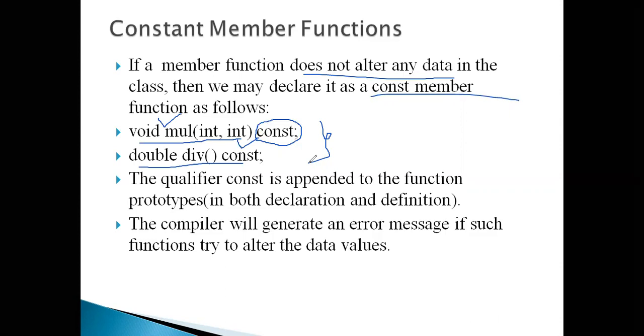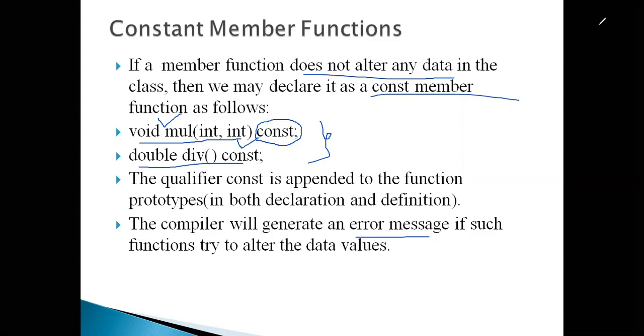Once we make the member function constant, we cannot alter any data, and if you try to, it generates an error message. This is the difference between static and constant member functions.